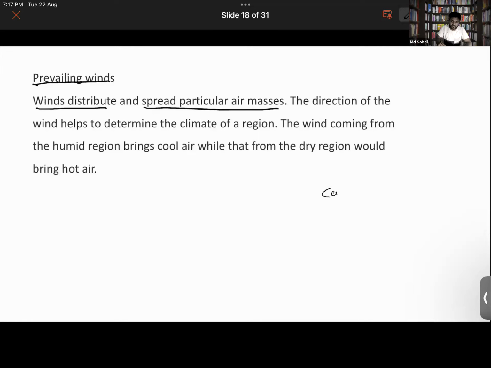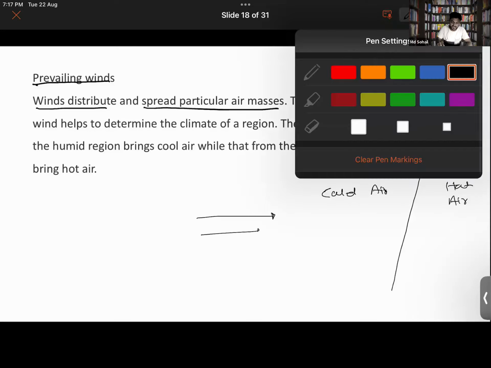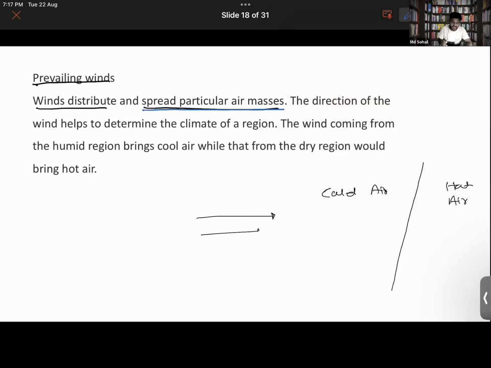You have got a cold air, you have got a hot air, so they will be having differing densities. And the winds will carry them, right?